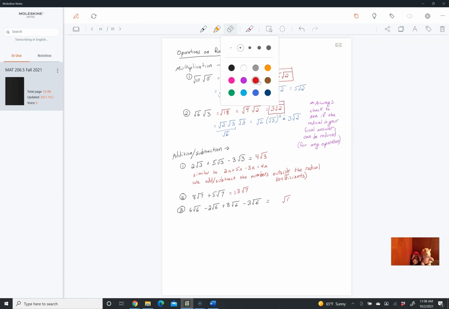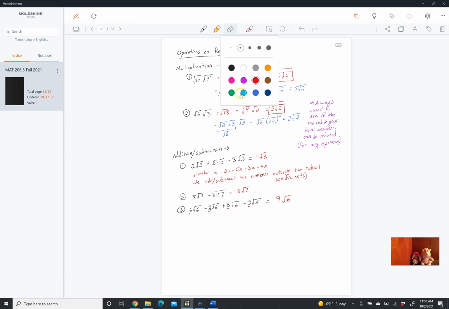So that square root of 6 is just going to carry on through. Now we have to add and subtract these coefficients. So 6 minus 2, so we're only looking at these coefficients. 6 minus 2 is 4, plus 8 is 12, minus 3 is 9. So remember that you go left to right all the way through, okay? Left to right. So 6 minus 2 plus 8 minus 3.